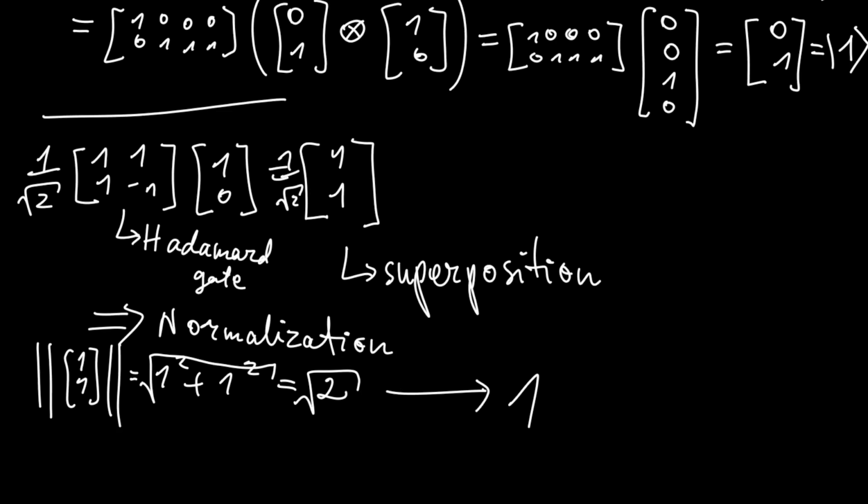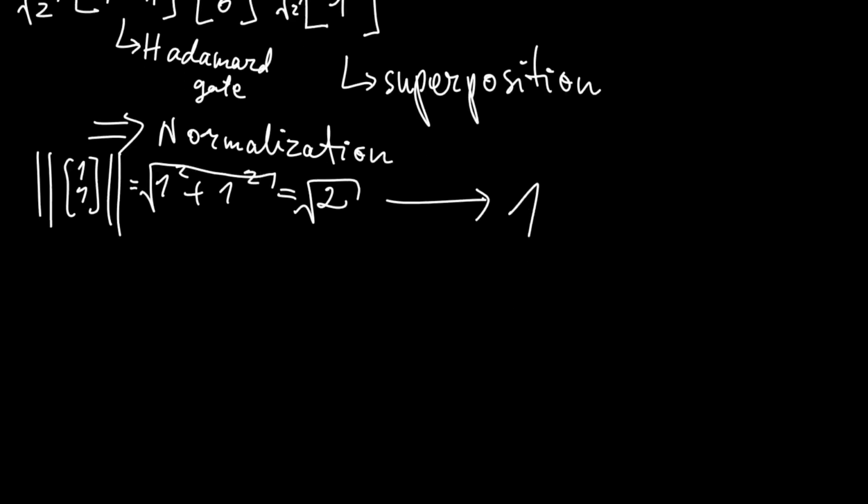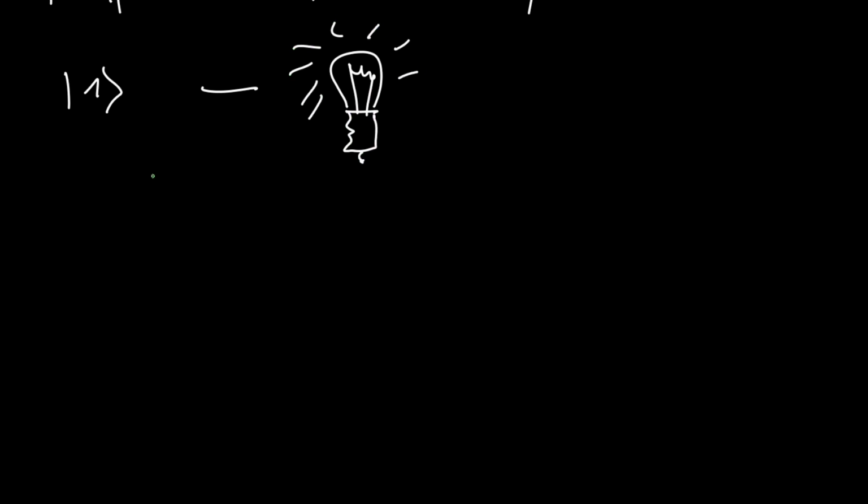Now, in a classical system, it's really easy to implement these things. If we have 1, it's basically an LED or some kind of bulb, and it's lighting up. If it's 0, it's an LED or something like that, and it's not lighting up.